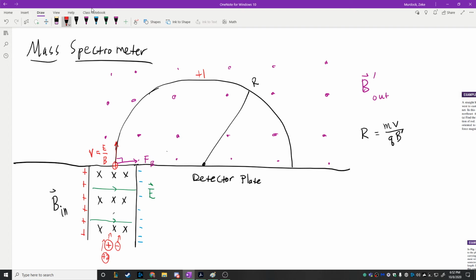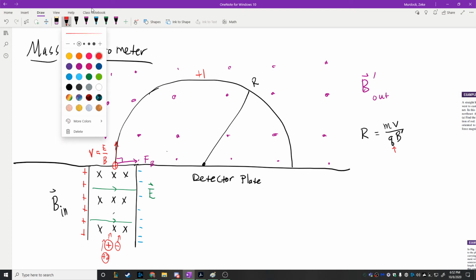It's going to be a tighter radius. That's exactly right, because if this number gets bigger, the radius gets smaller, right? So if it's a +2 particle, the radius should be how much smaller? Exactly. We'll use, I don't know, this color maybe.